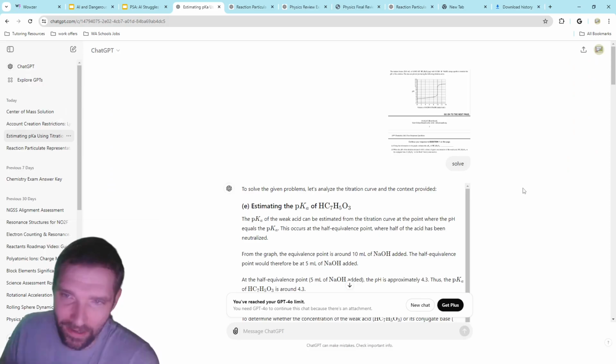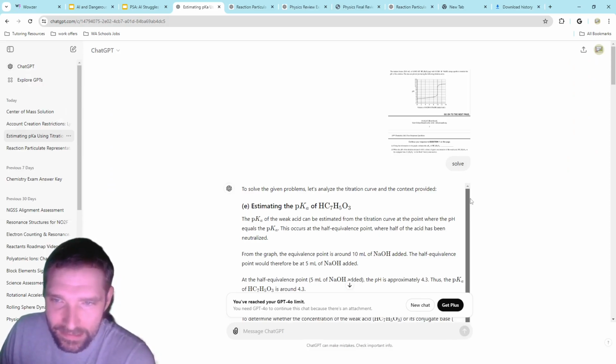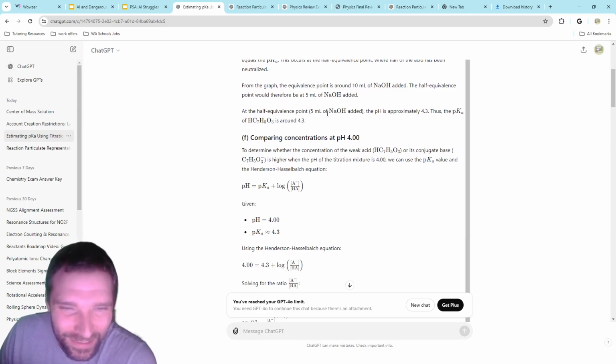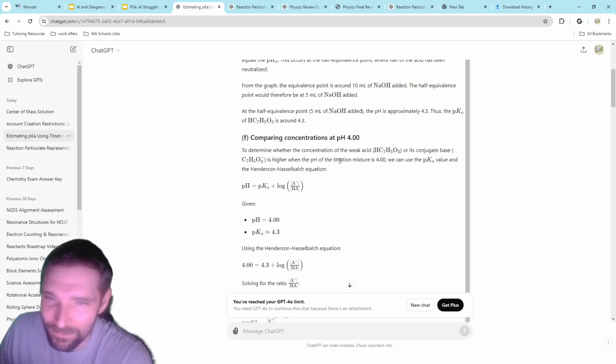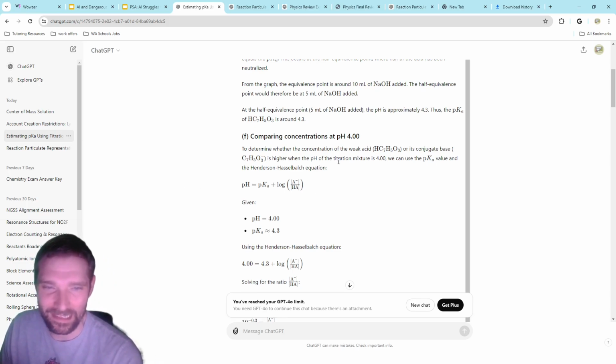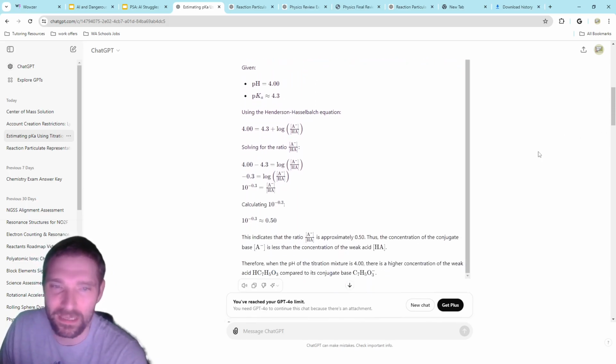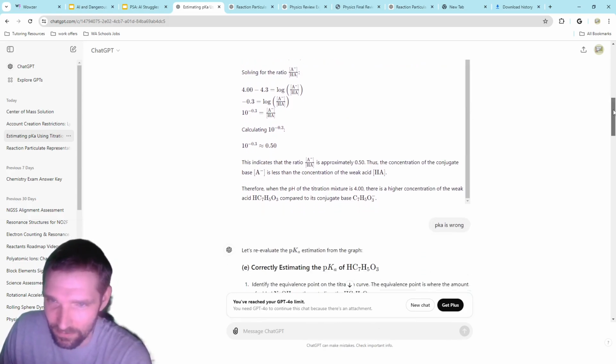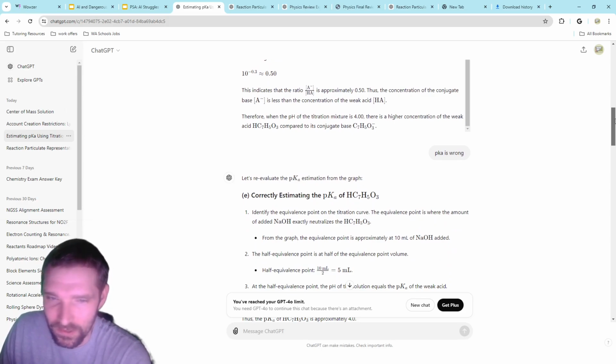So it's way off, inexcusably off. It's saying, oh, the pKa is 4.3, which it absolutely is not based off of this question. So I think it may have used the actual pKa value for this thing, not the things from the diagram. I'm not 100% sure about that.